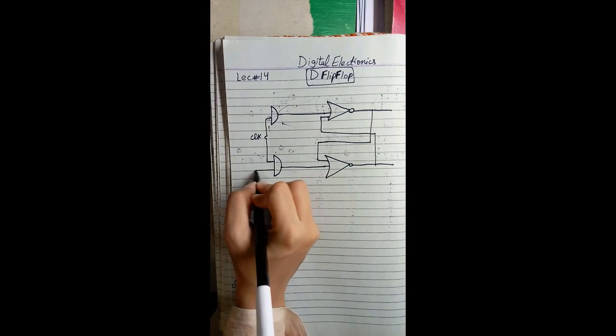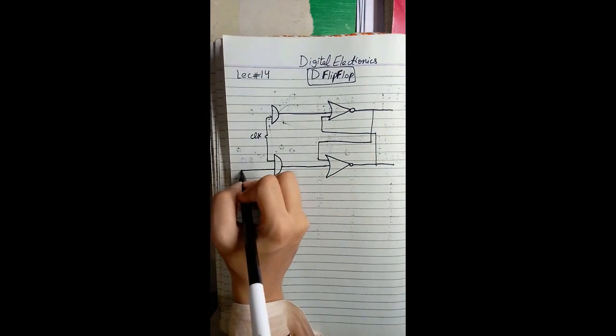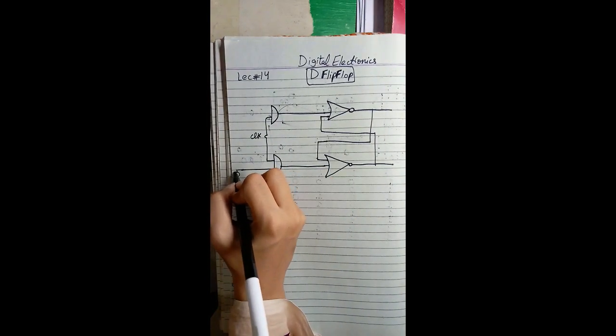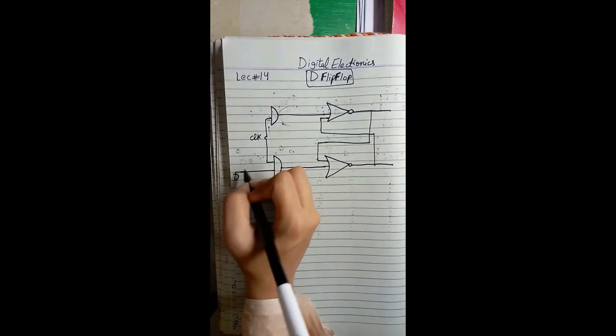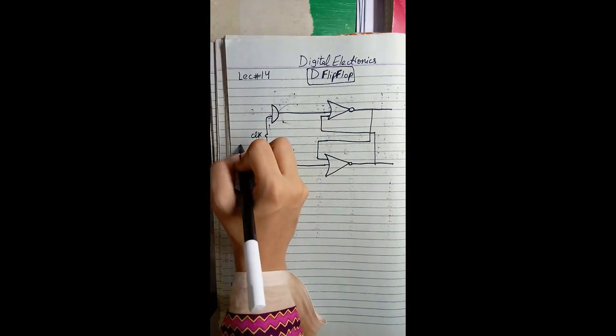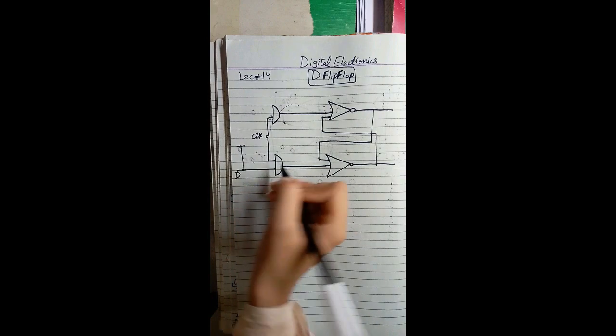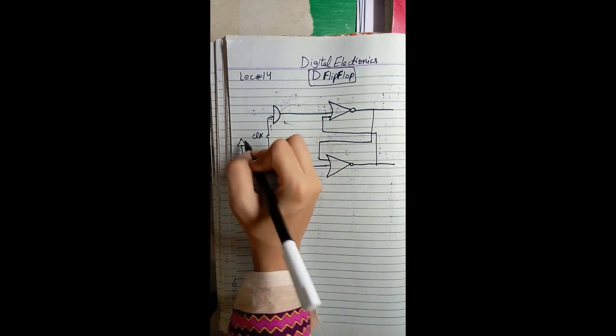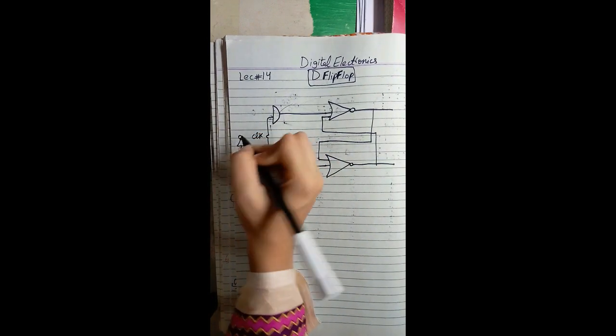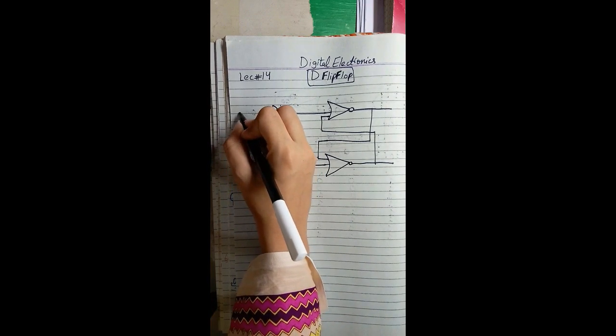And then the main thing of the D flip-flop is we have the input D here, which is connected with both AND gates. On the first it is the same, but for the second AND gate it is connected by passing through the NOT gate.